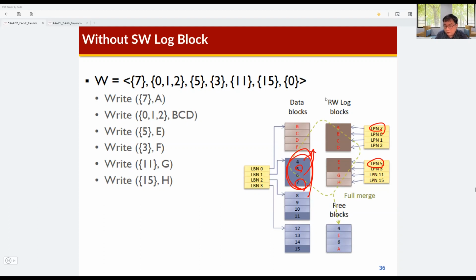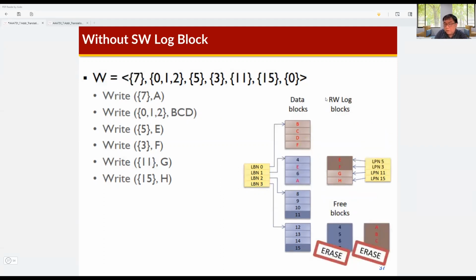So in this case, we can read the E and A from the log block, and then we can read the 4 and 6 from the data block, and then we can make the new block, and replace this block with this data block. Okay, this is also a full merge.